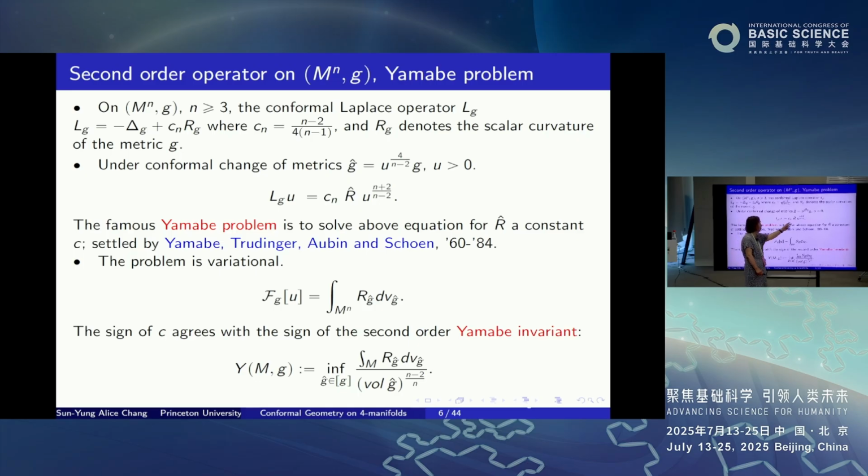In terms of that, we can prescribe R hat using this PDE. That's called the Yamabe problem of prescribing R. And this problem turns out to be variational. That is, if we consider the integral of R of g hat and take the inf over g hat in the same conformal class, the minimizer makes the scalar curvature constant. And then the inf of this is called the Yamabe invariant, or Yamabe constant, which is a conformally invariant quantity.